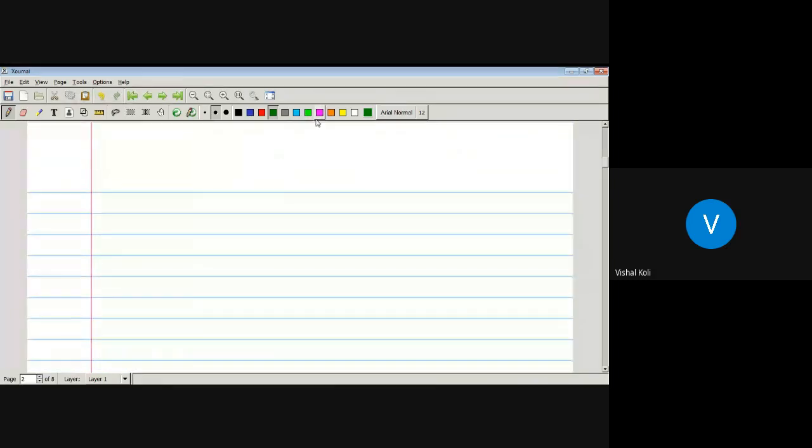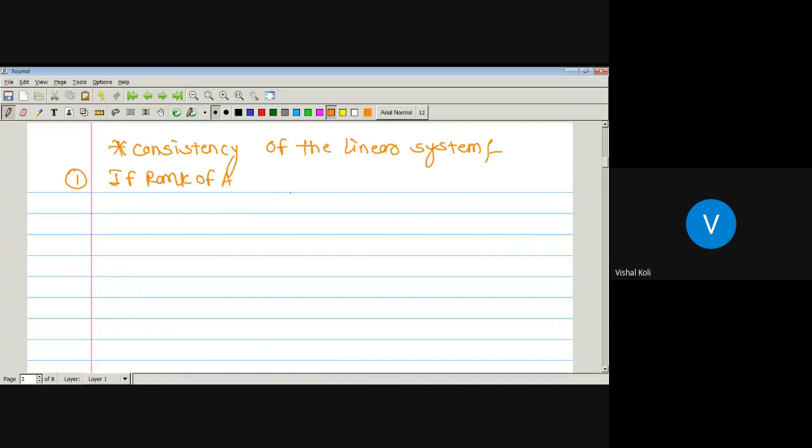Consistency of the linear system. Okay, now first one, if rank of matrix A is equal to rank of the augmented matrix, then the system is consistent and a solution exists.